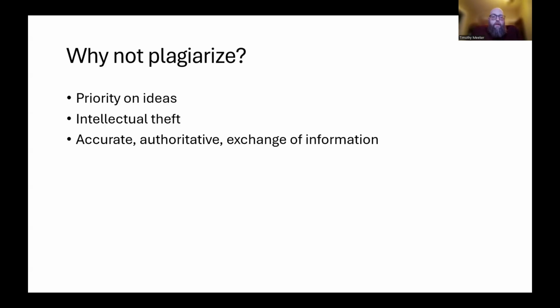Not plagiarizing and having accurate citations encourages the accurate and authoritative exchange of information. This is important for the historical record, so that we can trace the origins and the trajectories of people's thoughts and the body of evidence of science.